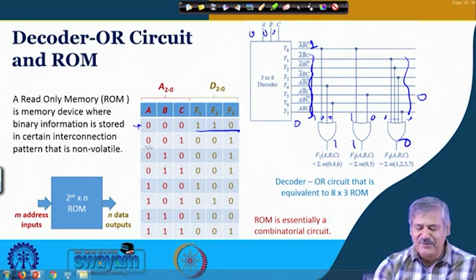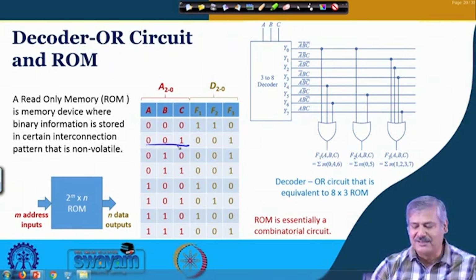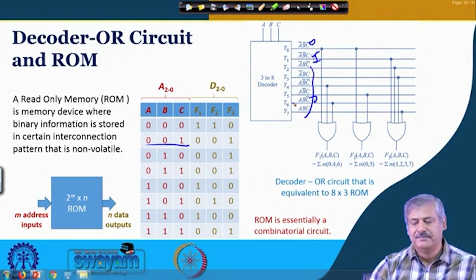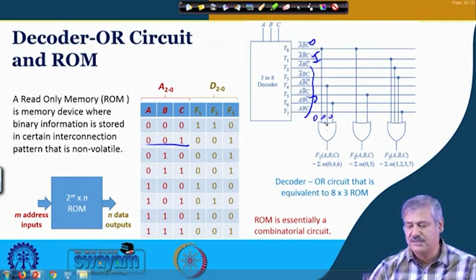Okay. Similarly, for every other location you can see that is happening. So if it is 0, 0, 1, what will happen? So for A prime, B prime, C, this particular output will be 1 and the rest are all 0. So what happens to the input of this OR gate? So this is 0, 0, 0, because the decoder outputs are 0 for these respective cases.